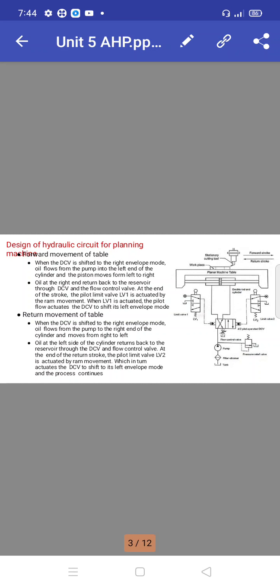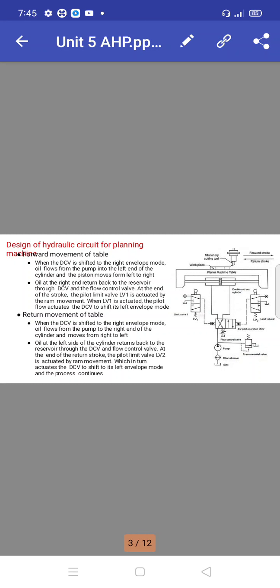That's why we prefer the ram movement in a planer mechanism. When limit valve 1 is actuated, the pilot flow actuates the DCV, that is the directional control valve, to shift to its left envelope mode.